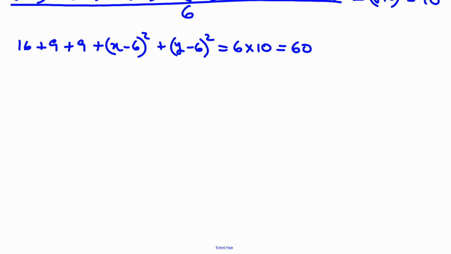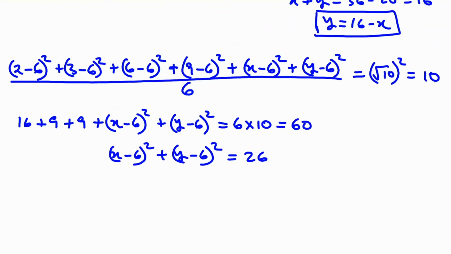All right, let's just finish this off. So we'll have x minus 6 squared plus y minus 6 squared will be equal to 60 minus 16 minus 9, which will give us 26.